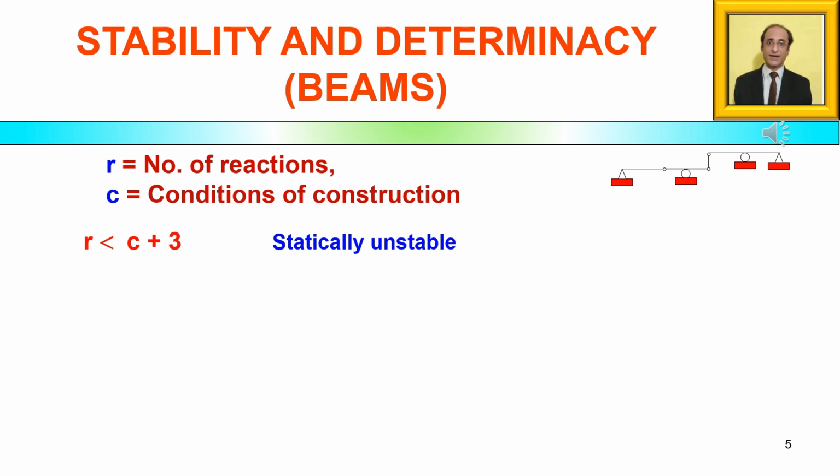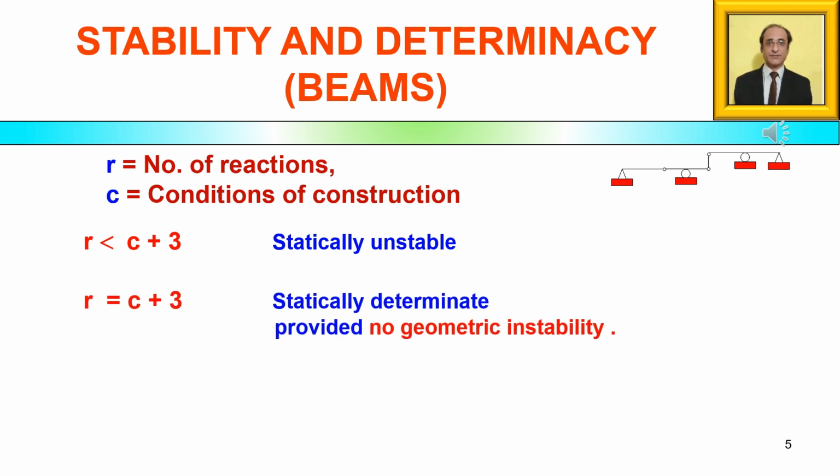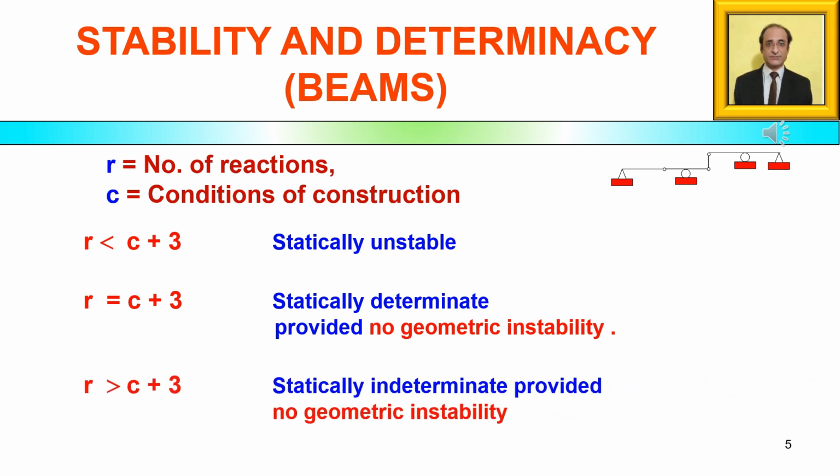If R is just equal to C plus 3, then the structure would be statically determinate provided it does not have any geometric instability. On the other hand, if R is greater than C plus 3, then the structure would be statically indeterminate provided again it suffers no geometric instability.